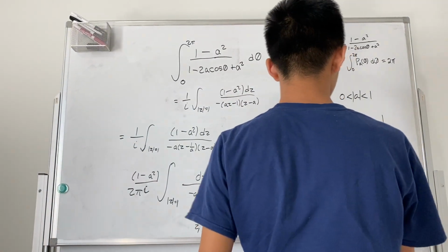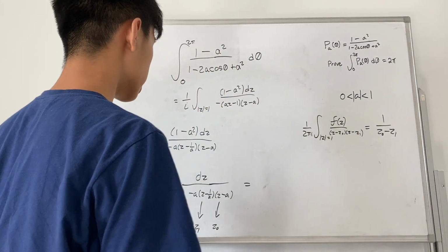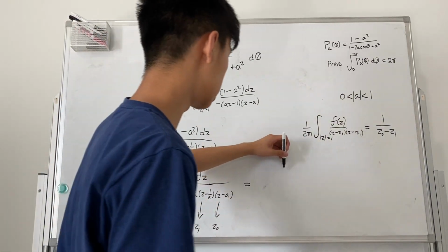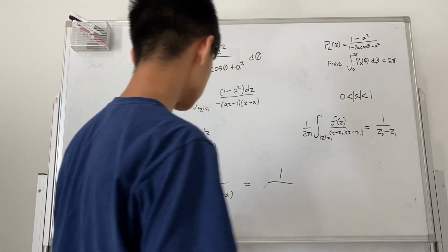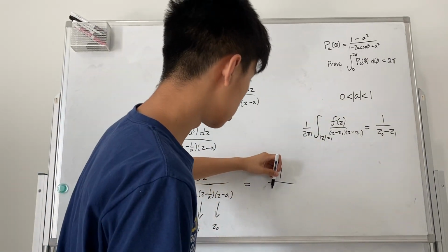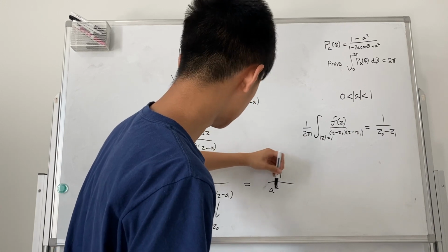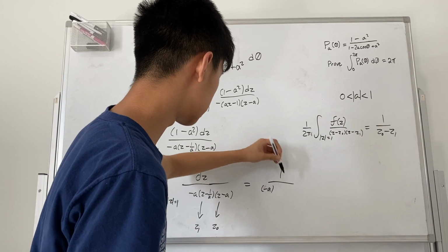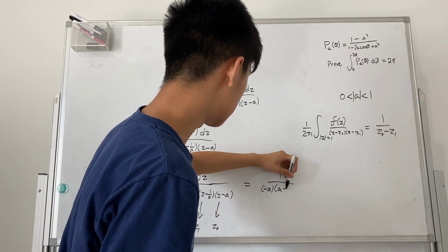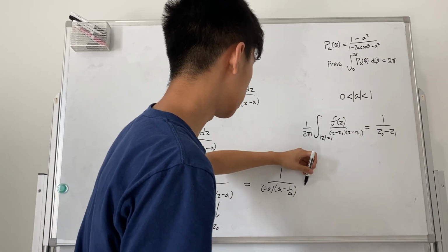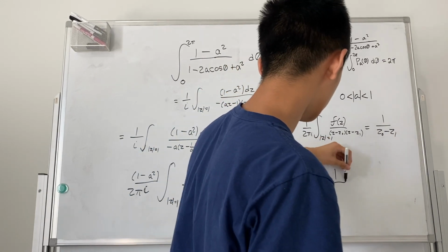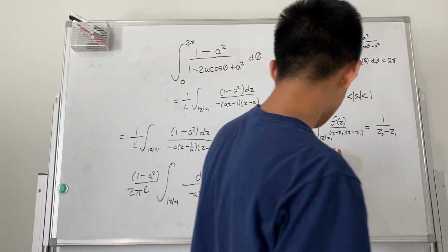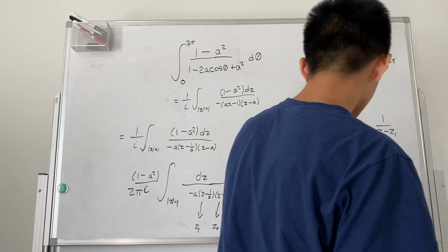With that being said, we now know that this is 1 over negative a times (a minus 1 over a), which is equal to 1 over 1 minus a squared.